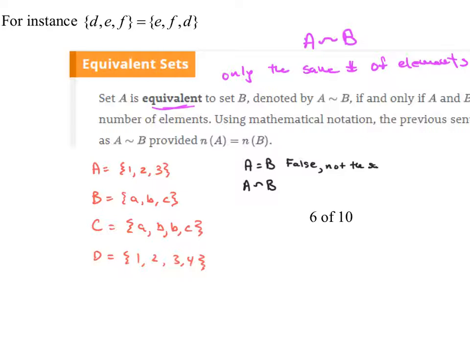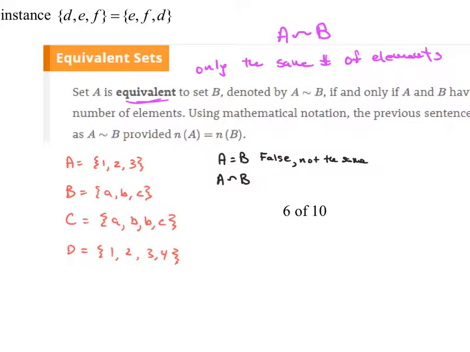Well, that answer is actually true. Why is it true? Because they have the same number of elements. They both have exactly 3 elements. The cardinality of A is 3. The cardinality of B is 3.